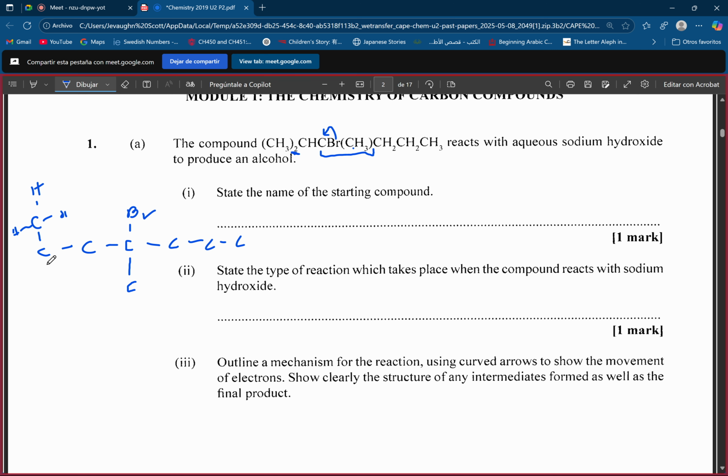That both of them are methyl groups, right? Because if we have this carbon down here, it would be a CH2, so that wouldn't be the case. So we're saying here on this first carbon, we have the potential for two of these groups. Let's have a look.